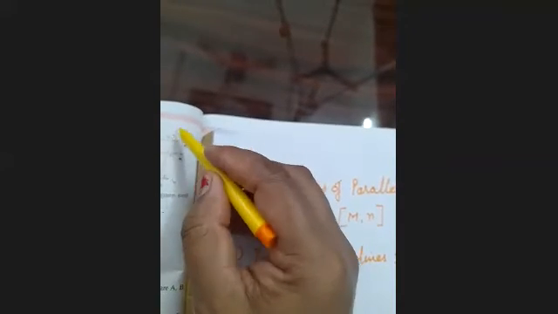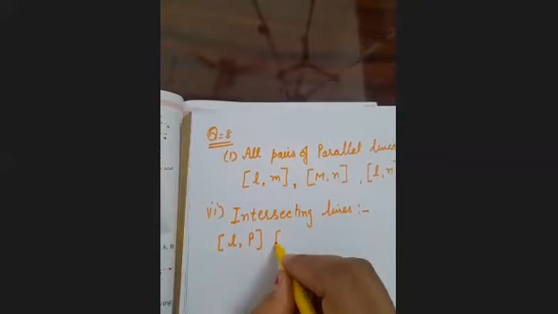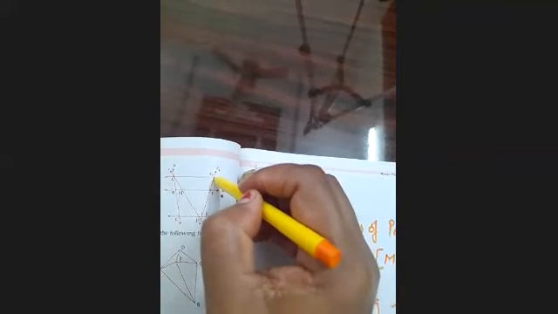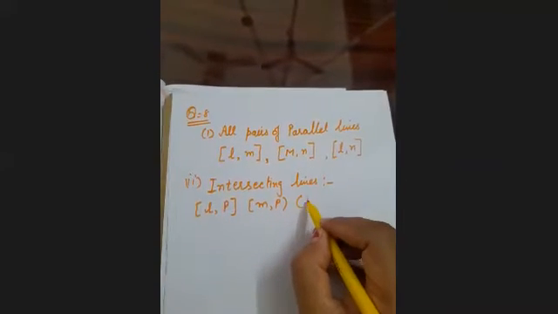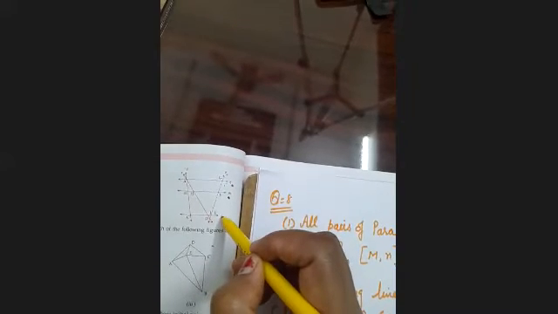Second is M and P, which intersect at point F. Next is N and P, which intersect at point G. Next is L and Q. Line L and line Q intersect at point C.